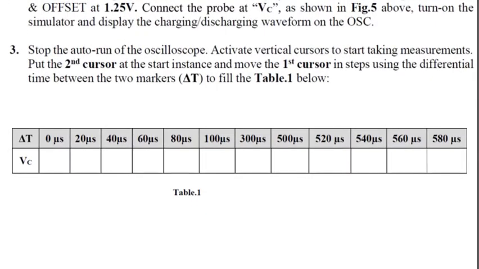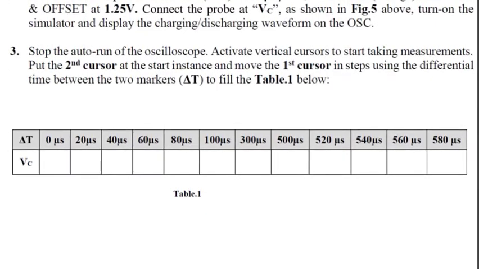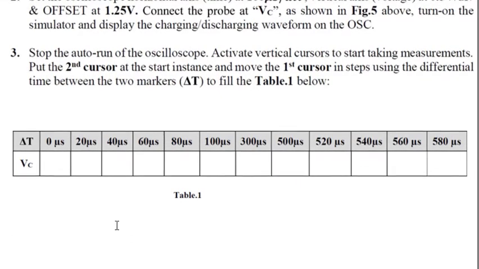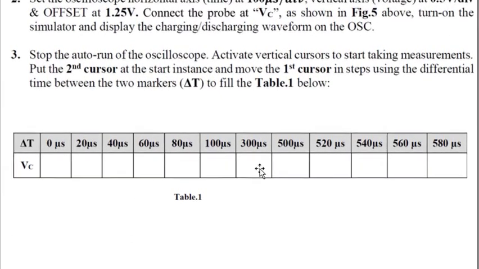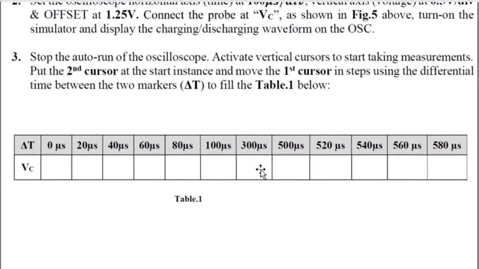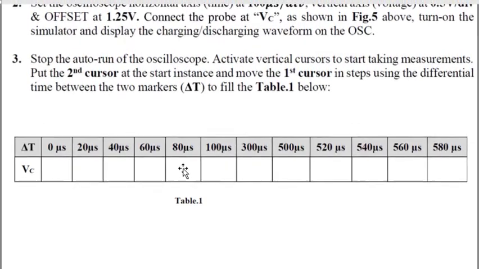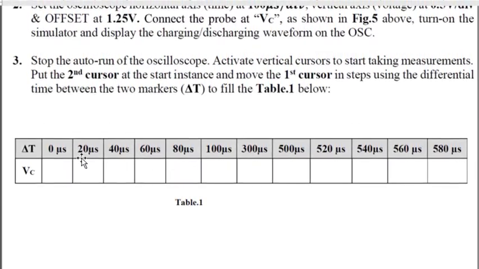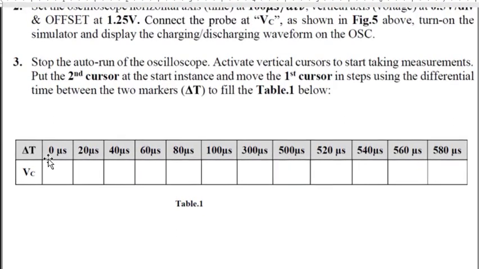In this table, we are going to measure the voltage across the capacitor at the following times. Also, we are going to measure the voltage during the first time constant, or tau.